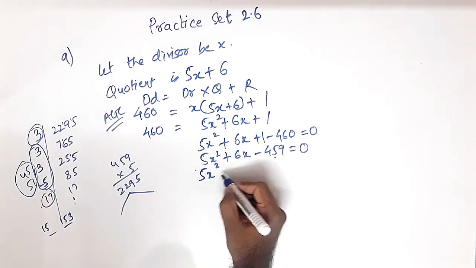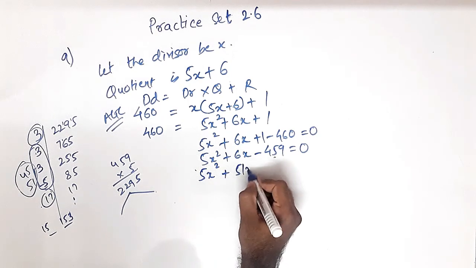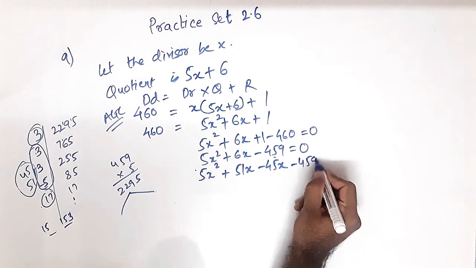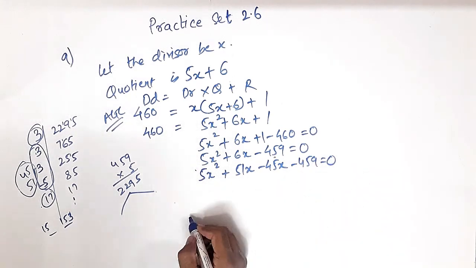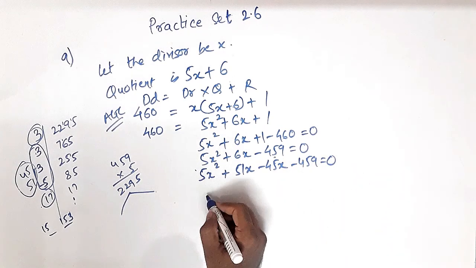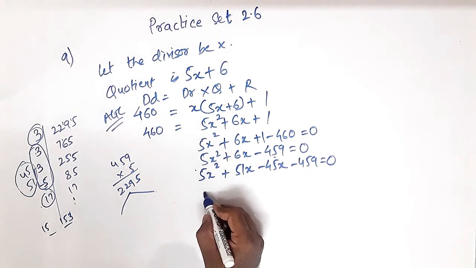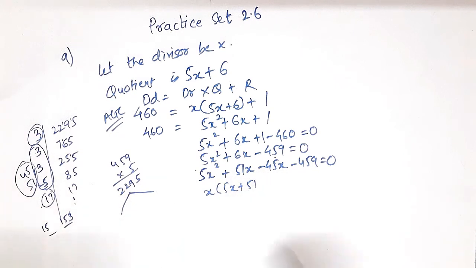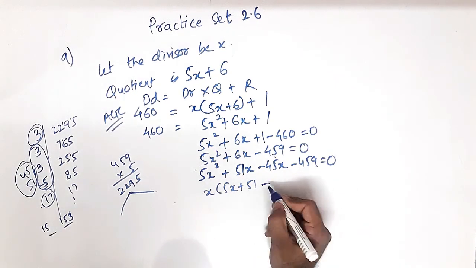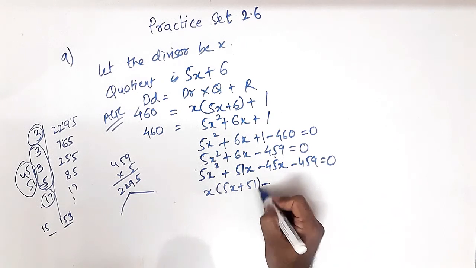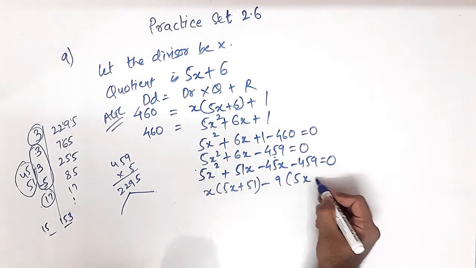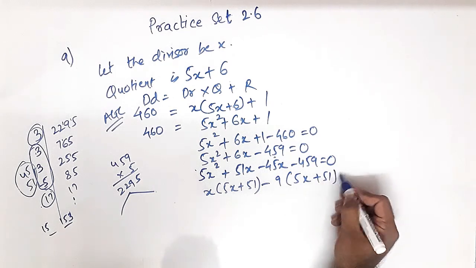So 5x square plus 51x minus 45x minus 459 equals 0. What is common here? x is common, what remains is 5x plus 51. And here, I can take 9 common, so what remains is 5x plus 51.